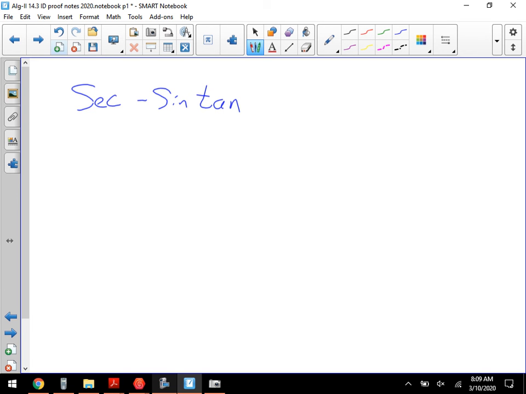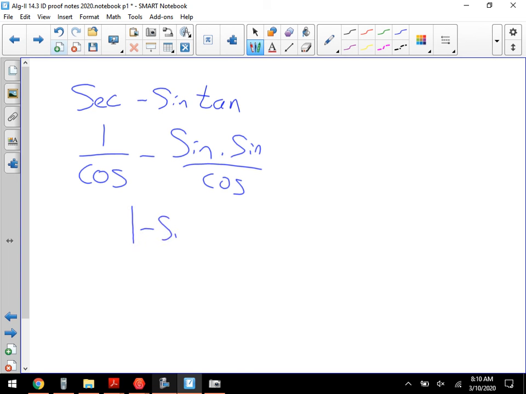Now, when I do that, I have 1 over cosine minus sine times sine over cosine. What's sine times sine? Sine squared. Do these guys have a common denominator? Yeah. So I have 1 minus sine squared. Oh, look at that. That is cosine squared.